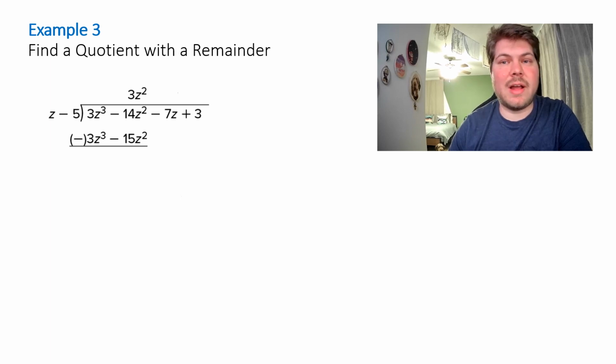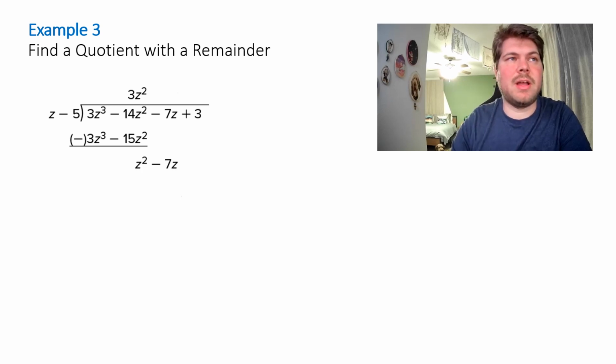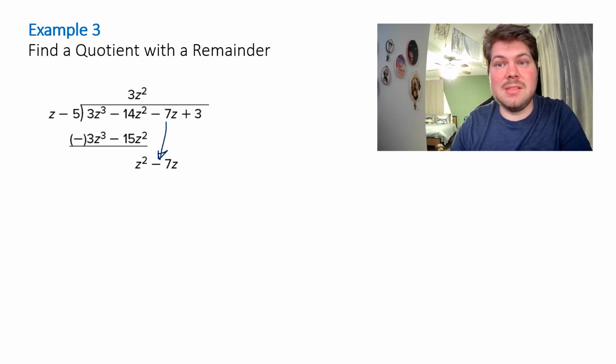Now we're going to subtract that from what we already have. Remember, the minus minus will be plus, so we're left with z squared minus 7z. And remember, I got that negative 7z because I brought it down from the top. And now z goes into z squared, z amount of times. That's what I'm going to be getting very soon, because it's actually late-ish for me at the moment. I'm going to be getting z's.